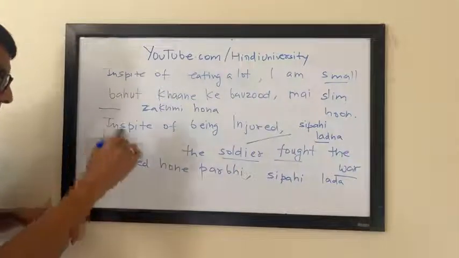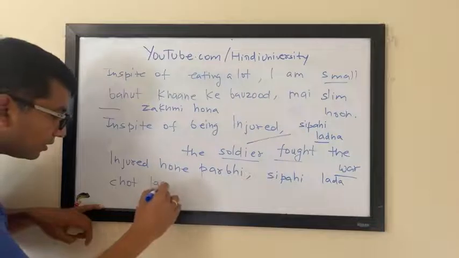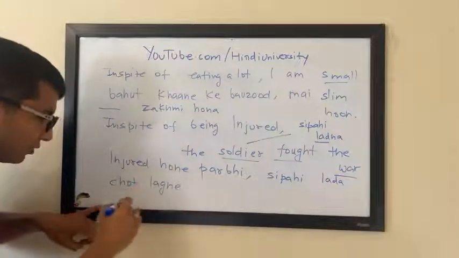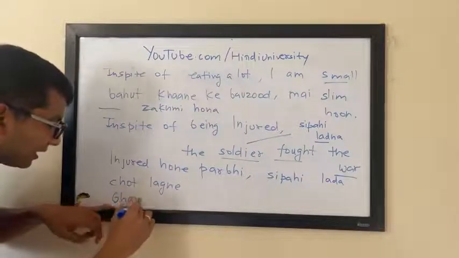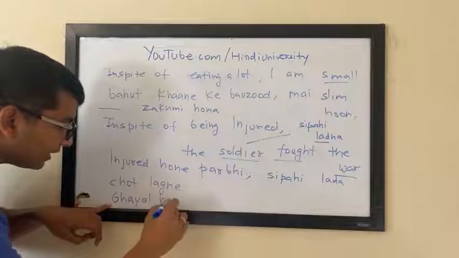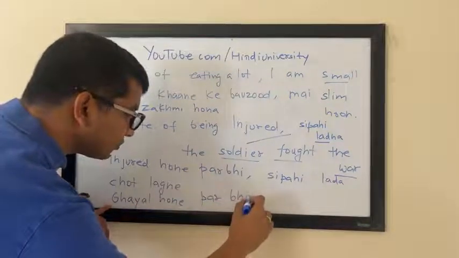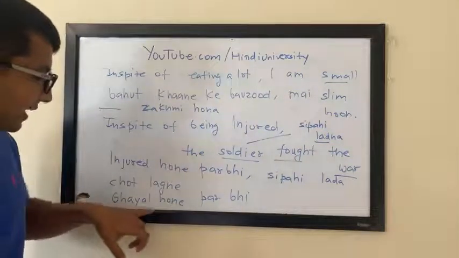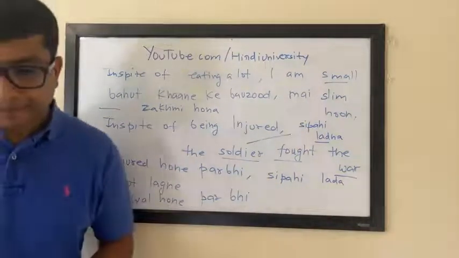You can say that, or you can say chot lagne, or jakhmi hone, or gayal. This is what I was thinking. Gayal hone par bhi or gayal hone ke baavjood. Gayal is like when you get fainted or get a big injury. Gayal hone par bhi sipahi ne yuddh lada.